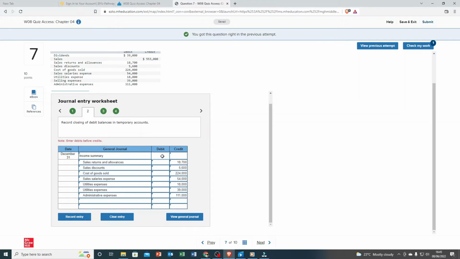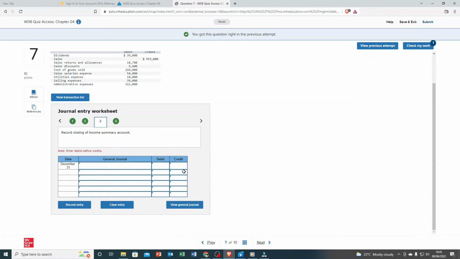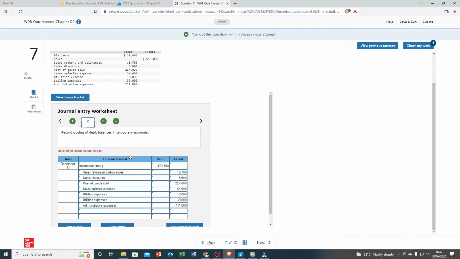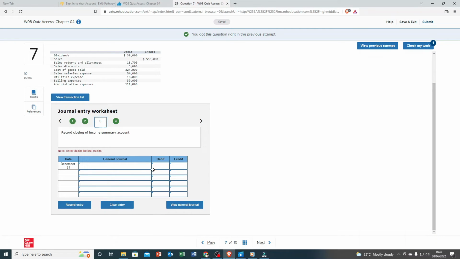I used Excel and just used sum to add all the figures together for this account, and I got about 470,300. Let me first make sure I wrote it right. Okay, then in here we're going to record closing income summary.